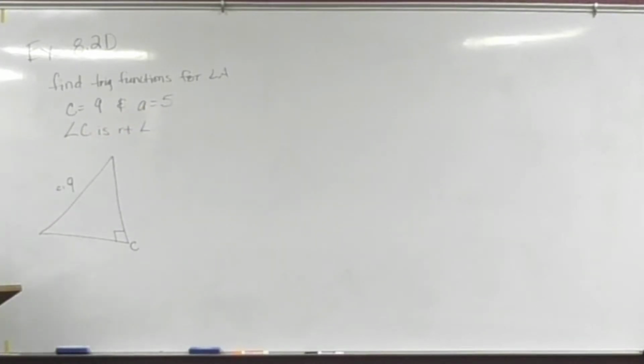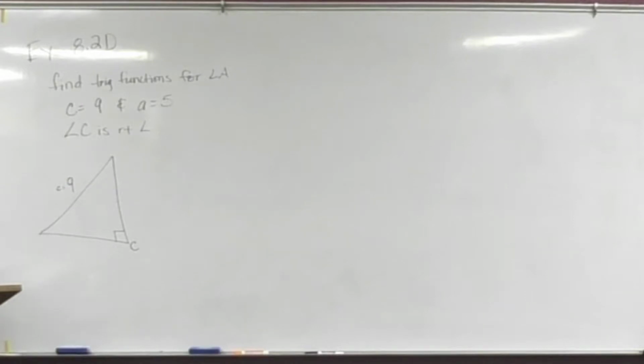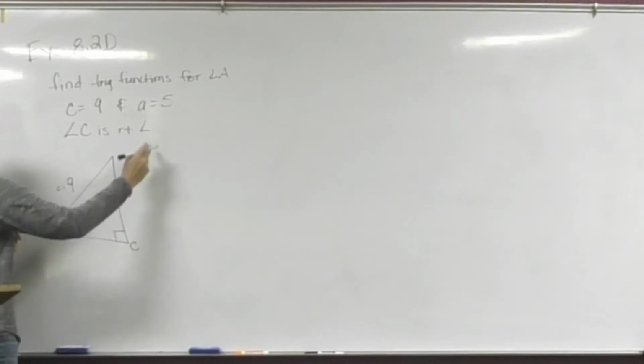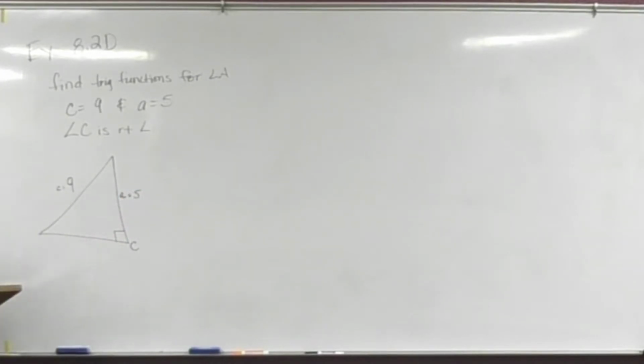Now, it doesn't matter if I call this A and this B, or this A and this B. So we'll just stick to the script here and do it like what's shown in your book. They chose for A to be over here, and I know that this is 5. That leaves this side over here being B.